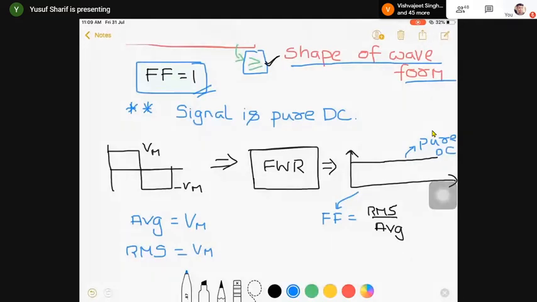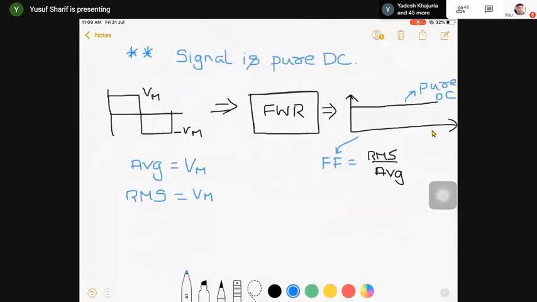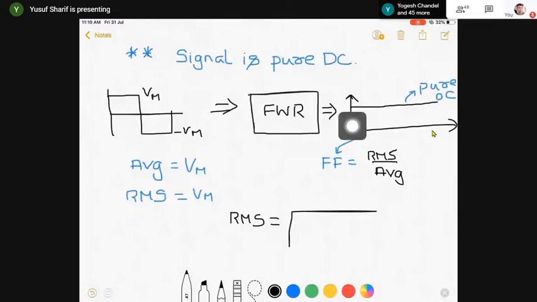Many students will have a doubt: sir, how to get this RMS value? Okay, I'm writing that down here. RMS is equivalent to, for this signal, let me take some time period. I'm assuming some time period T, and after that the signal repeats. So it is 1 by T, integral from 0 to T. Magnitude is Vm, so it is Vm square.